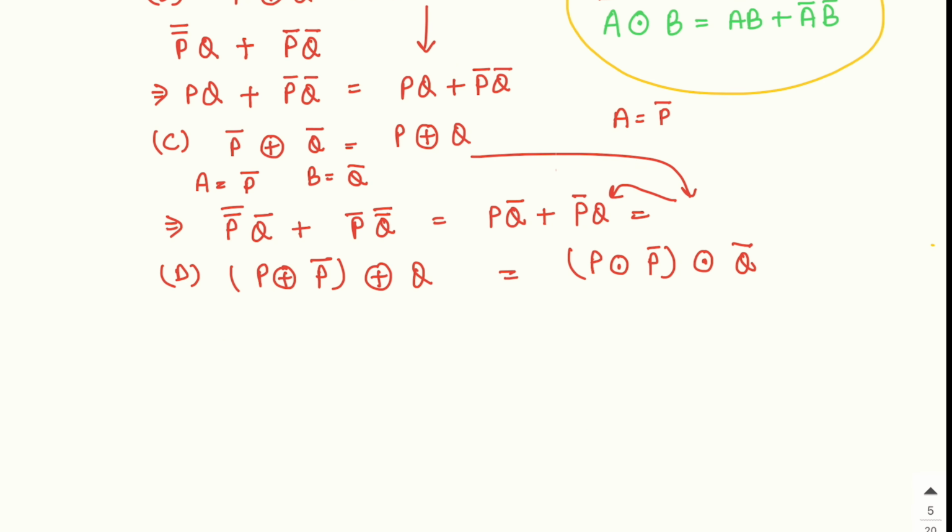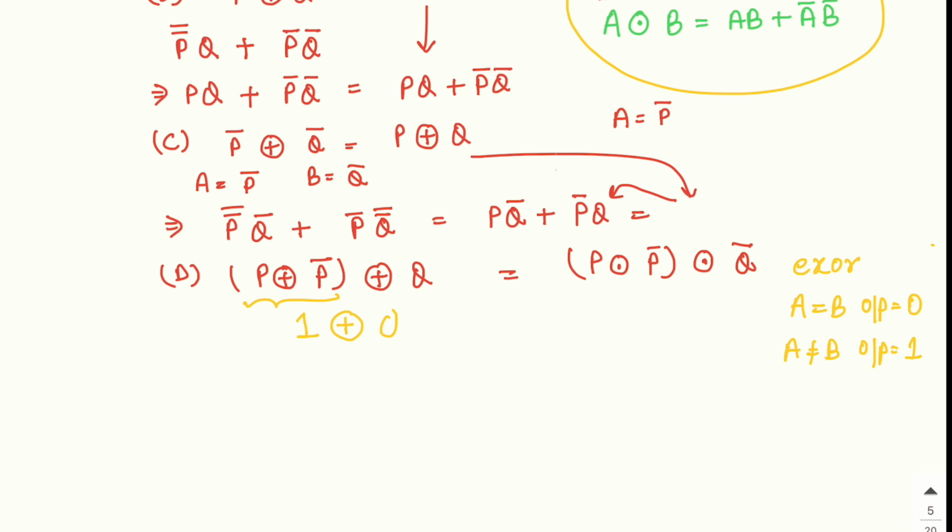In order to do this, we first need to know that for an XOR gate, whenever A is equal to B, the output is 0, and whenever A is not equal to B, the output is going to be 1. And for the exclusive NOR gate, it is the reverse. So in this case, P and P bar are obviously not equal to each other, so the answer would be 1 for the exclusive OR.